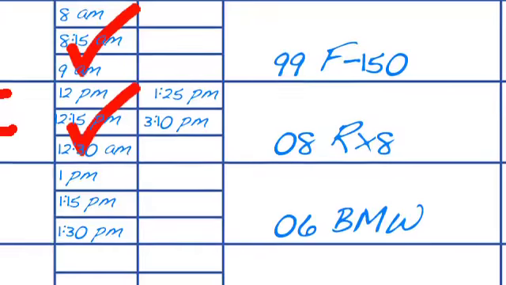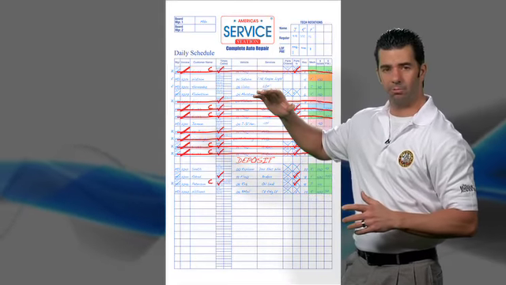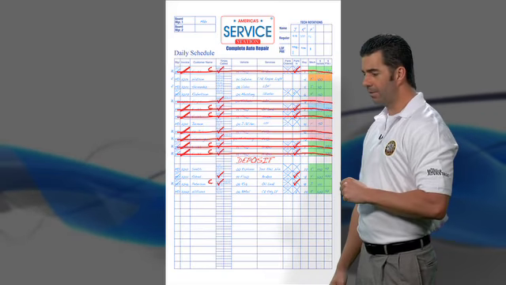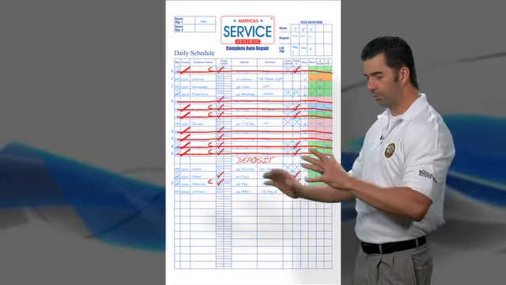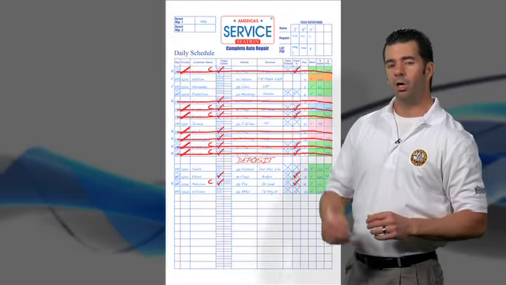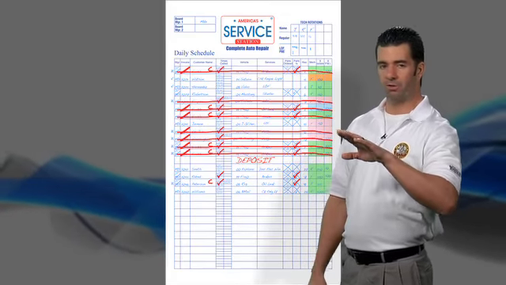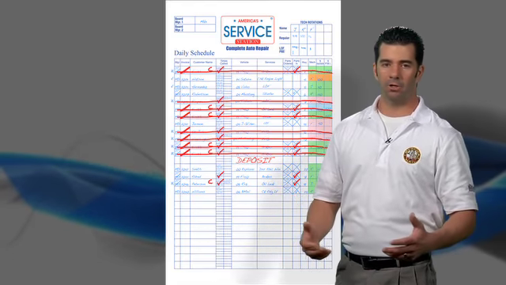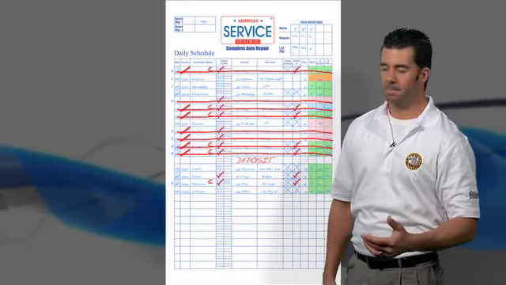A couple other things. Let's say it's the end of the day, and the board itself is complete. All the customers have left. We're going to have some customers, though, that left their vehicle overnight. We weren't able to get it all done. We're waiting on parts, whatever the case may be.